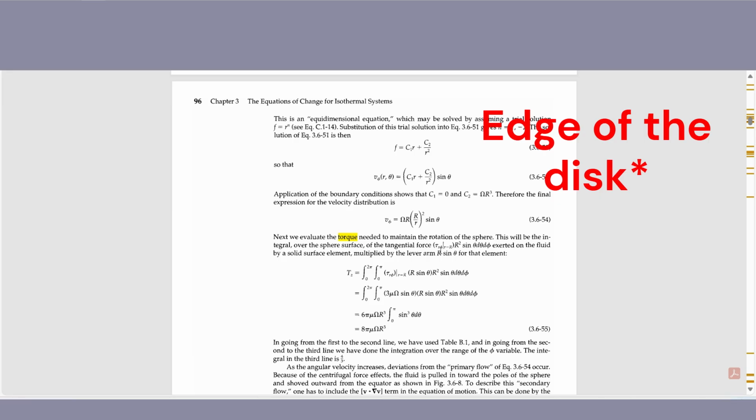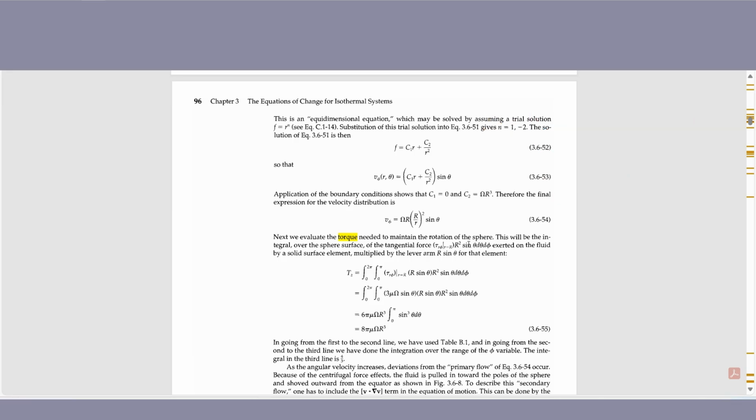So it gives you this, and this whole thing is the differential area for a sphere. That will not be the same in our problem, because we're using basically a plate, a two-dimensional circle for the top plate of the system. It's exerted on the fluid by a solid surface element multiplied by the lever arm r sine theta.